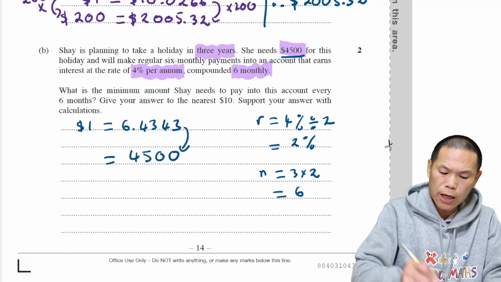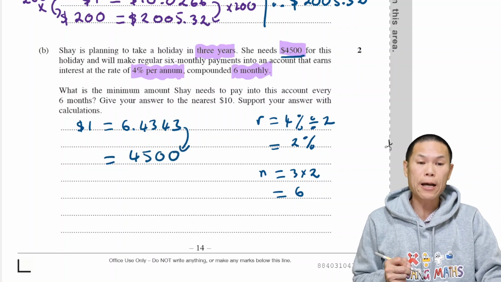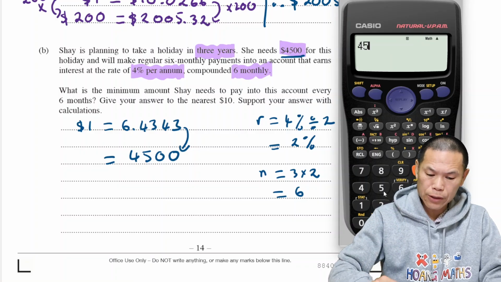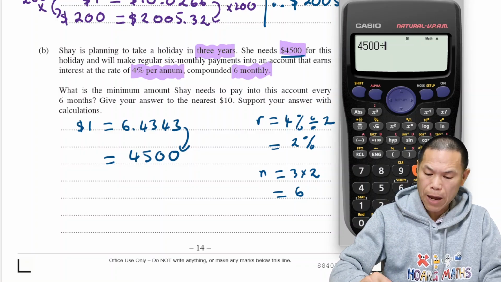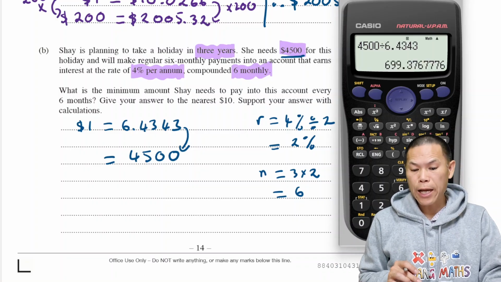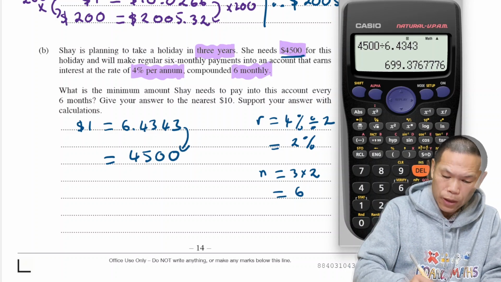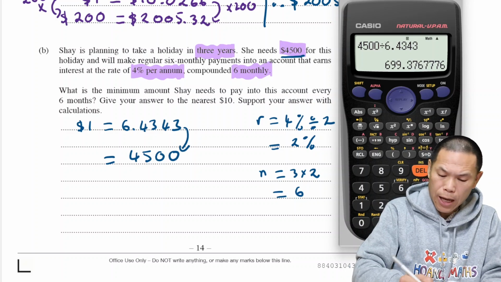From here to here, we just need to work out the scale factor. So I just go 4500 divided by 6.4343. So 699.37 and so on. So 699.38.